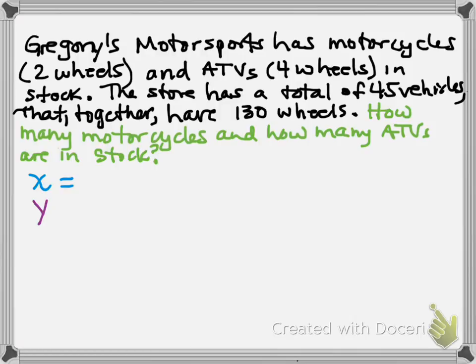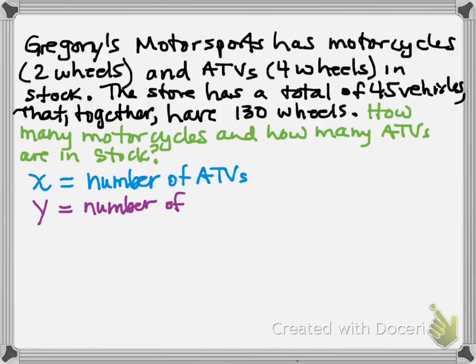The number of ATVs. We can't just say ATVs because we need to give a reason. What is it that we need to know about them? Okay, and what does y stand for? Number of motorcycles. Okay, so what's one equation that I could write about the number of ATVs and the number of motorcycles based on the information that they gave me?